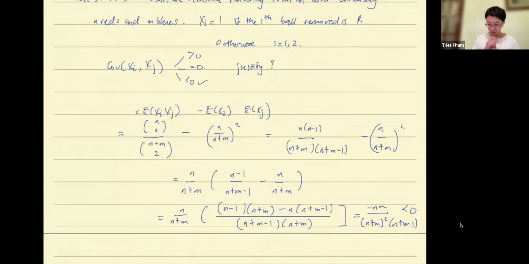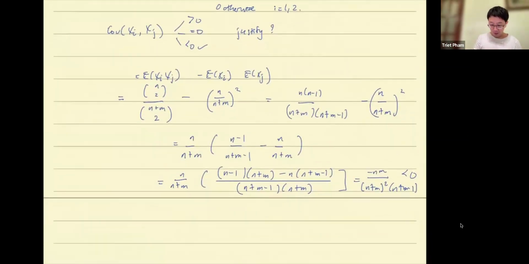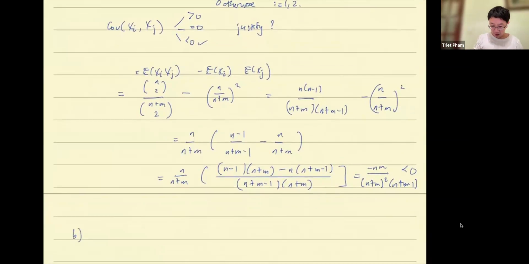So the reason is, part B says that now the balls are numbered. The red balls are numbered. And y_i is 1 if the red ball i is removed.